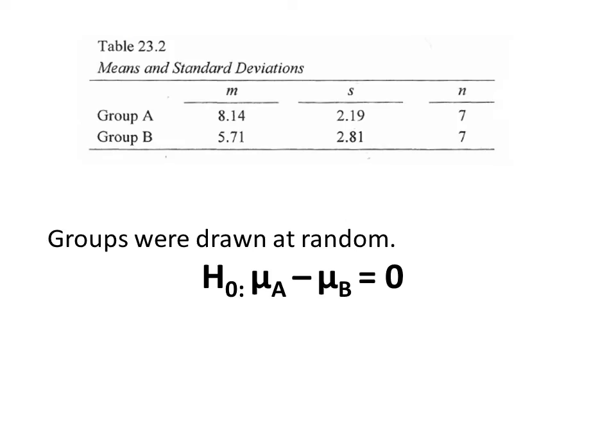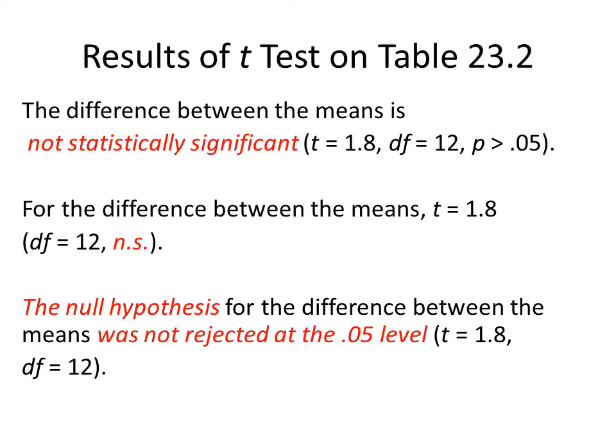Now, here again, let's look at how researchers report the results of a t-test when the difference between the means is not statistically significant. And here we have, again, the null hypothesis. We have group A and group B. Now, we look at our p-value in Table 23.2.